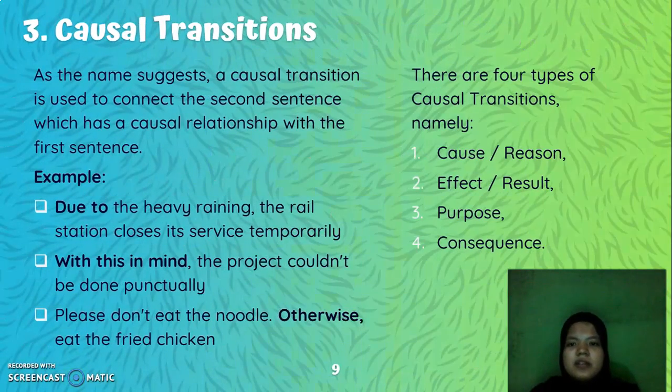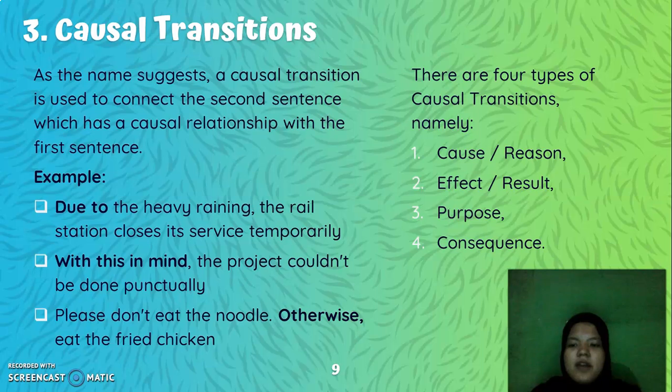3. Causal transitions. As the name suggests, a causal transition is used to connect the second sentence which has a causal relationship with the first sentence. There are four types of causal transitions, namely, first, cause or reasons, two, effect or result, three, purpose, four, consequence.